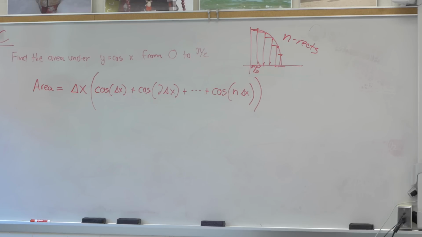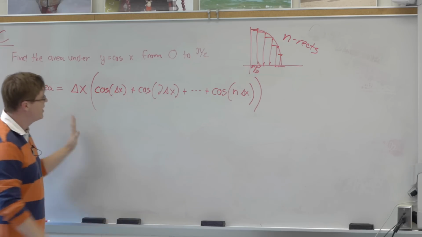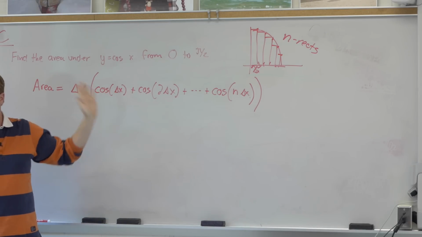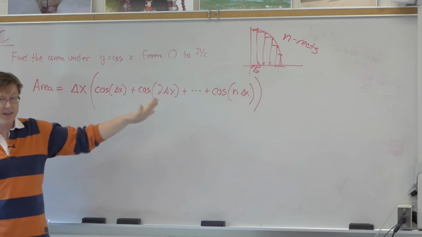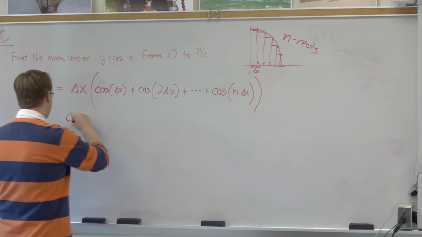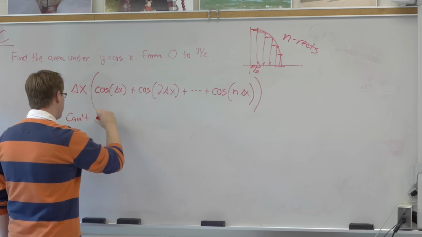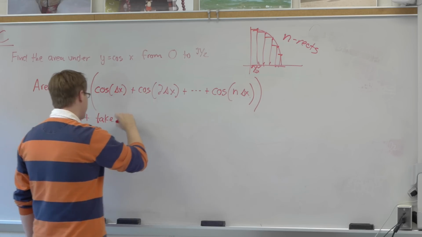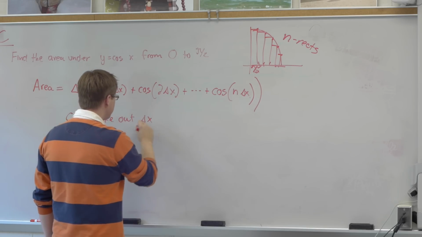Okay, so now why is this all of a sudden a lot harder than last time? You can't take out a delta x, which was a key step. Before I could take out that delta x, and then I had 1 plus 2 plus 3, or 1 squared plus 2 squared plus 3 squared that I can simplify. But here, I cannot take out a delta x.